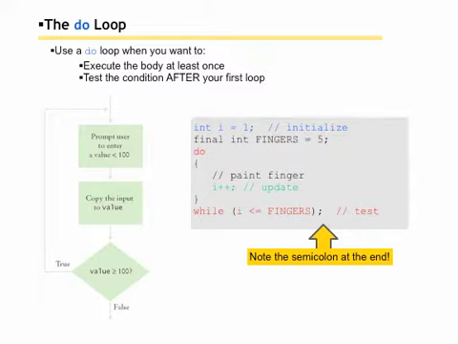There are still three parts to the loop: initialize the loop control condition, test the loop control condition, and update the loop control condition. But notice, the initialization takes place outside the loop. Then we enter the loop with the keyword do at the top of the loop, followed by an open brace.